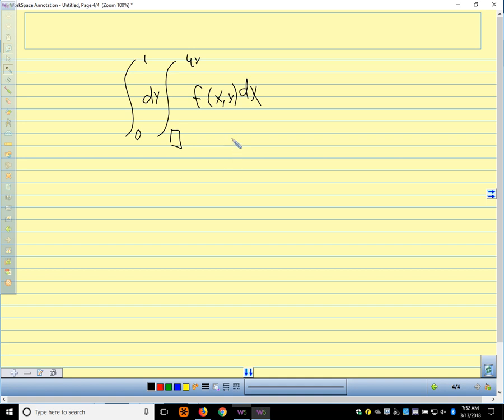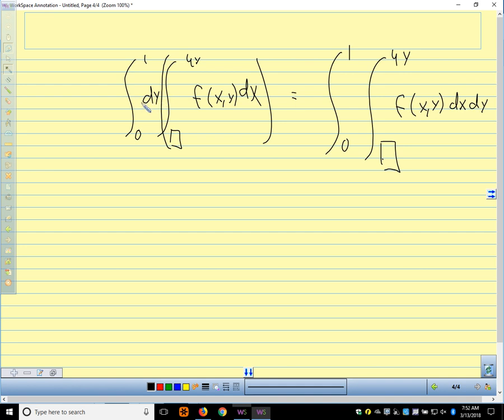So this is the same as the way we would notate the integral from 0 to 1, integral from 0 to 4y, or blank to 4y, f of x, y, dx, dy. So we're setting up this integral first, and then we set up the second. Why is dy over there? That means the parentheses are in the wrong place.